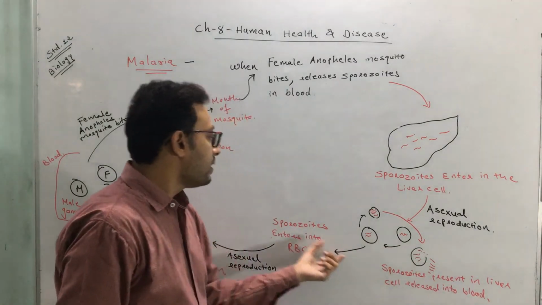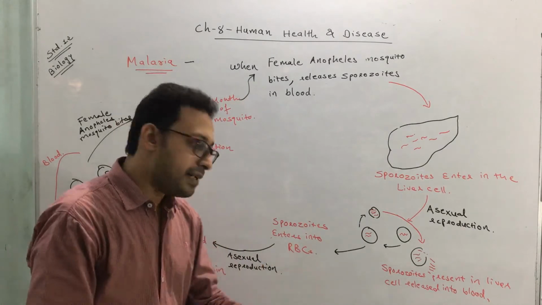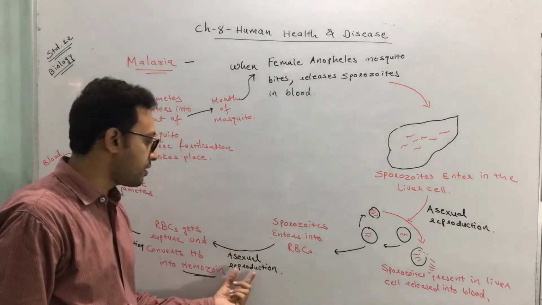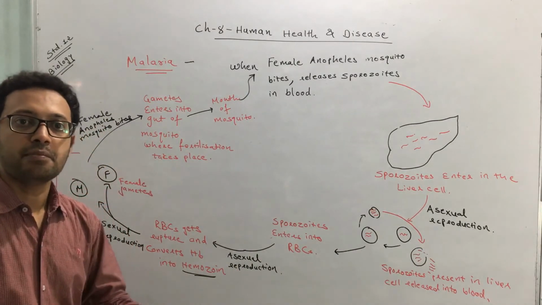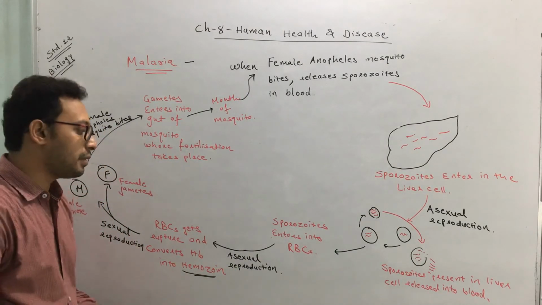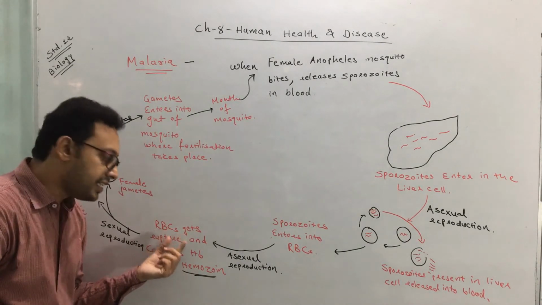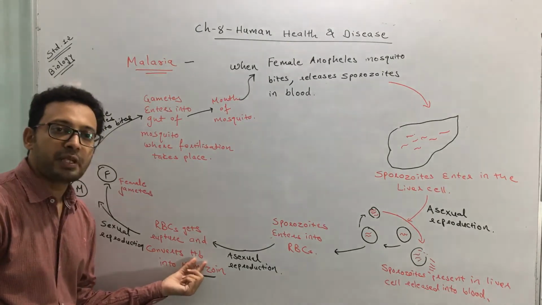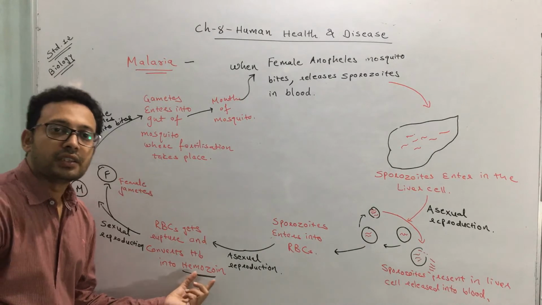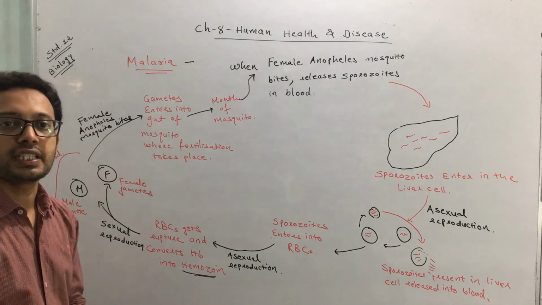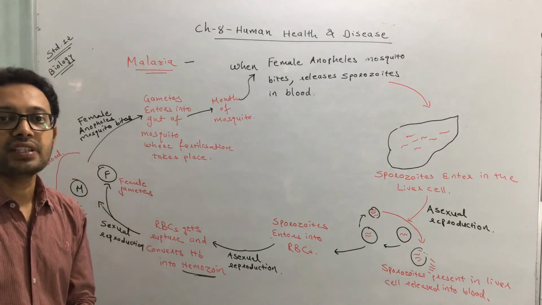Now in the blood, these sporozoids enter into a red blood cell. In a red blood cell, again it undergoes asexual reproduction. Obviously, due to asexual reproduction, the numbers increase and they rapidly multiply. Like the liver cell, the RBC also gets ruptured, and this also leads to a conversion of hemoglobin present in RBC into a toxic material called hemozoin. This hemozoin is responsible for causing the chills and fever, which recurs every 3 to 4 days.